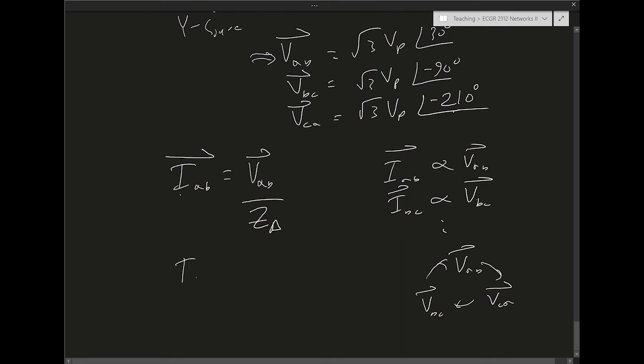So in the same manner that the angles are 120 degrees between VAB, VBC, and VCA, and the magnitudes are the same, in the same manner from this relationship, it's clear that IAB, IBC, and ICA have the same 120 degrees angle relationship, and their magnitudes are the same.